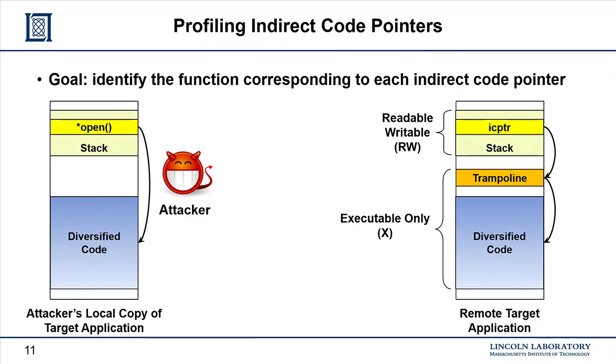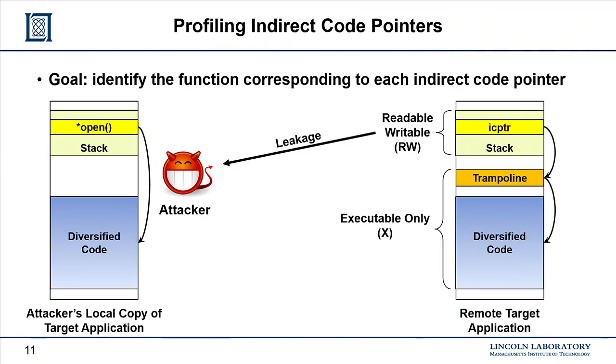Now, the real target is the remote application that is protected by these leakage-resilient techniques. The executable part of it is completely oblivious to us, but we can still observe the data segment of that code. So by using information leakage, we can learn that an indirect code pointer is stored on the stack of the remote application.